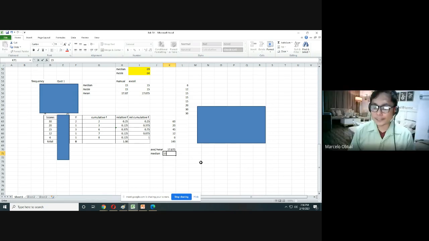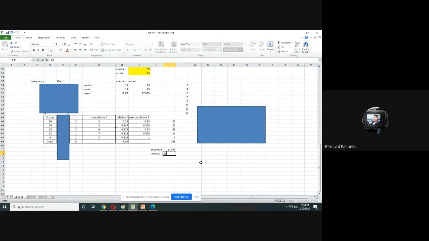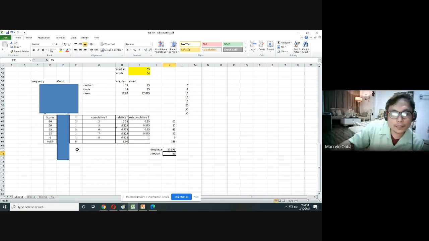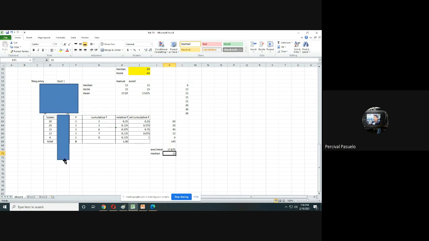Okay? Halimbawa, may solusyon ako na ganito, like, let's say, ang frequency is 2. Instead of 1 row, gawin kong 2 rows para clear sa akin yung median. Can I have it as my solution, sir? You mean to say, i-rearrange ko siya para magiging 3 lines ang frequency para klaro.